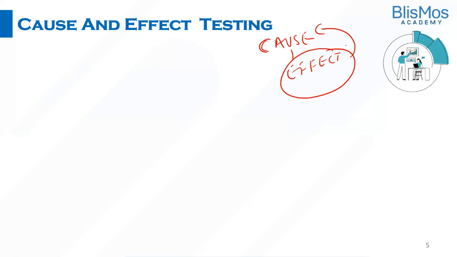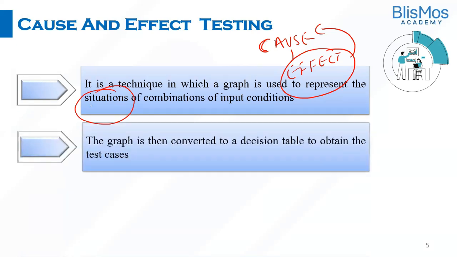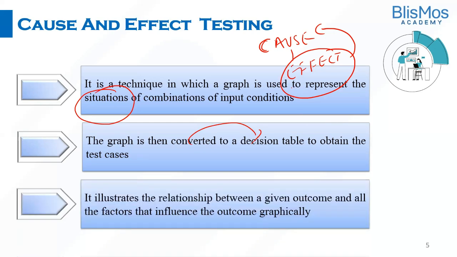It's a cause and effect, one of the simple examples. Here, they will come out with all the permutations and combinations of situations that may arise while that application is being used. Then they convert the graph into a decision table to obtain the test cases. A relationship is illustrated graphically between an outcome and the factors that influence the outcome. Based on that, test cases are derived.